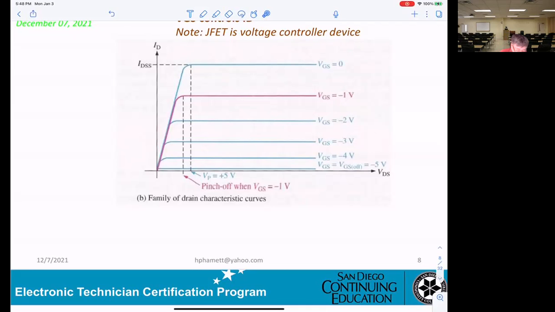So if you get a point in here and you want to get the ID, you go to ID here, and you can get the ID. Basically, a JFET is a voltage controlled device. When you change the VGS, you change the current ID. That is a voltage controlled current.